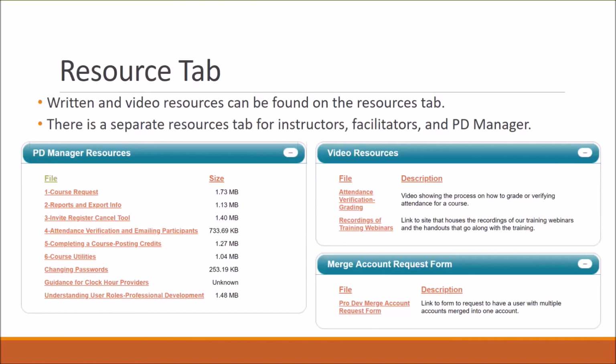And then finally, for ProDev, we do have a merge request form, and if you do have the jobs portal or the employee records portal, we do ask that you interface with them because it becomes a little more complicated to merge accounts with those records, and there are some requirements for printing out or saving in electronic form the applications.